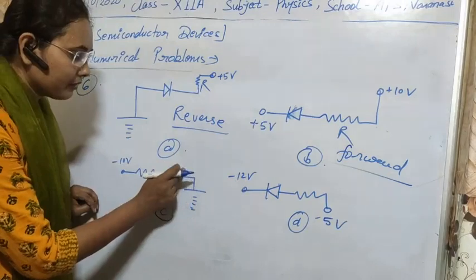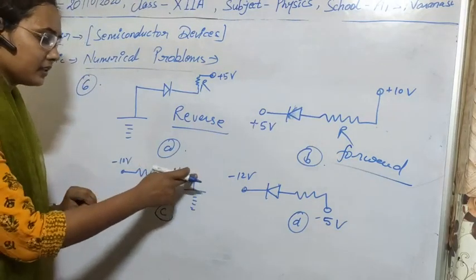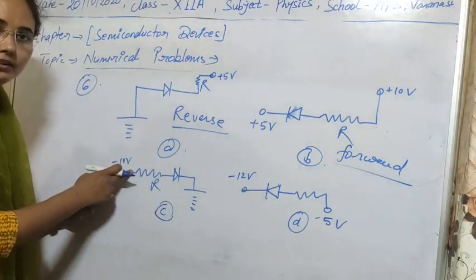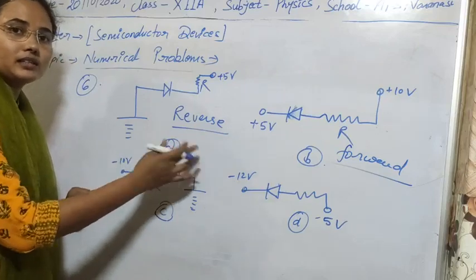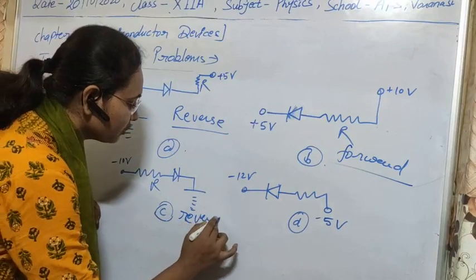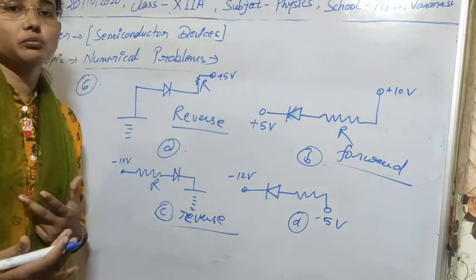So we can say that N is connected to positive with respect to P, because P is more negative here than N. So that's why we can say P is connected to negative, N is connected to positive. It means this is the case of reverse bias. So you have to actually compare the values, meaning which is more negative or which is more positive.